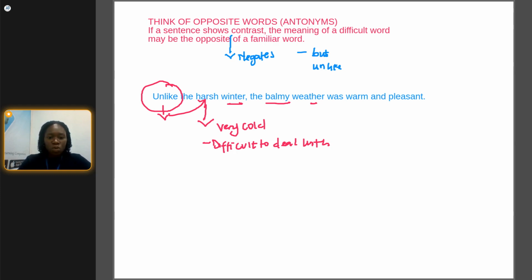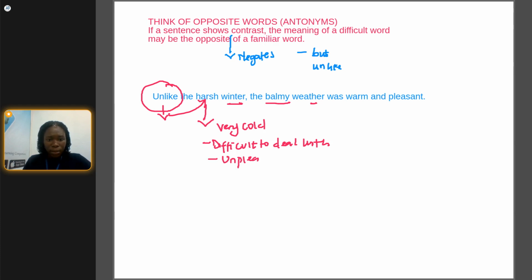Sometimes they have two meanings, three, four, five. Some of them have many. You could find a word having like 10 different meanings. So whichever one you can determine, of course you can. We can talk about harsh as unpleasant.